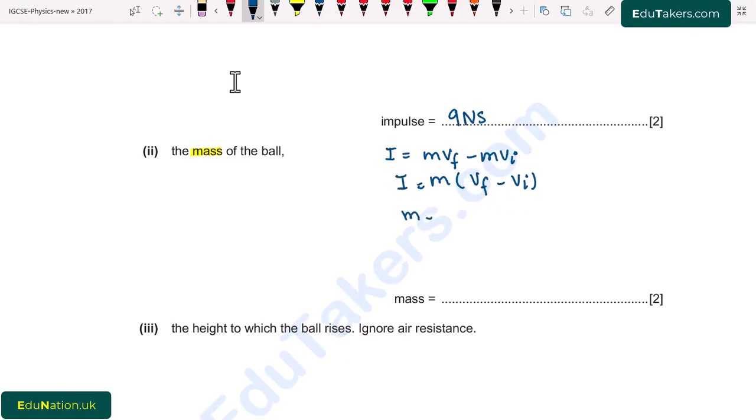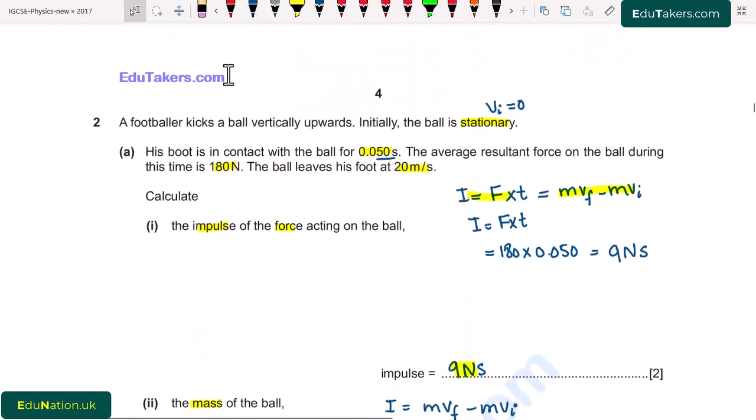So mass will be equal to I over Vf minus Vi, where impulse that we already calculated in the first part is 9 Newton second. I write here 9 over the final and initial velocity. So here ball is stationary means that initial velocity is equal to 0 and the final velocity is 20 meter per second.